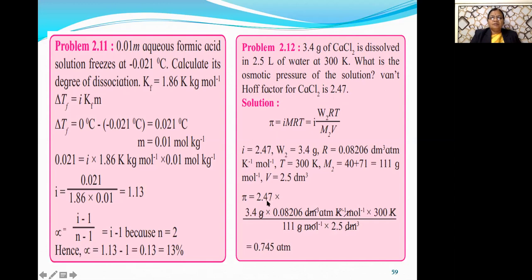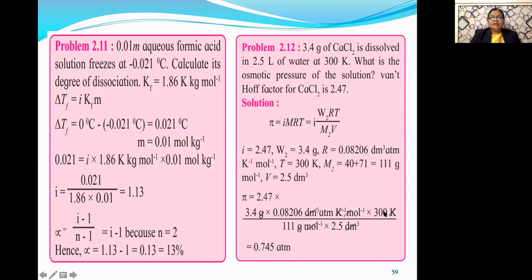The value of the Van't Hoff factor i is given, W2, the weight of solute, is given, and the molar gas constant, for osmotic pressure in liter atmosphere per Kelvin per mole, is 0.08206. You are familiar with the value of the molar gas constant in different units.